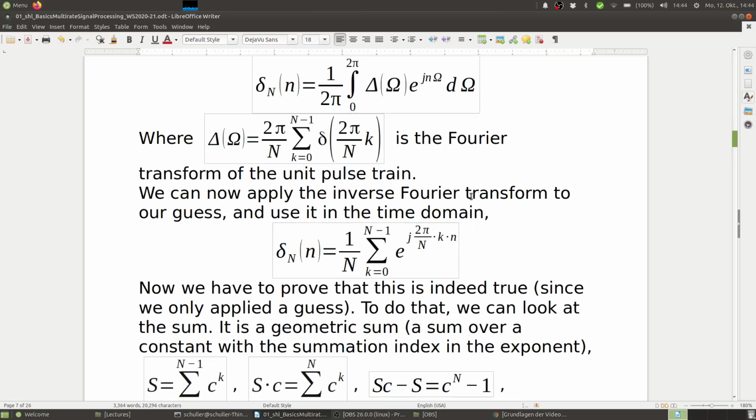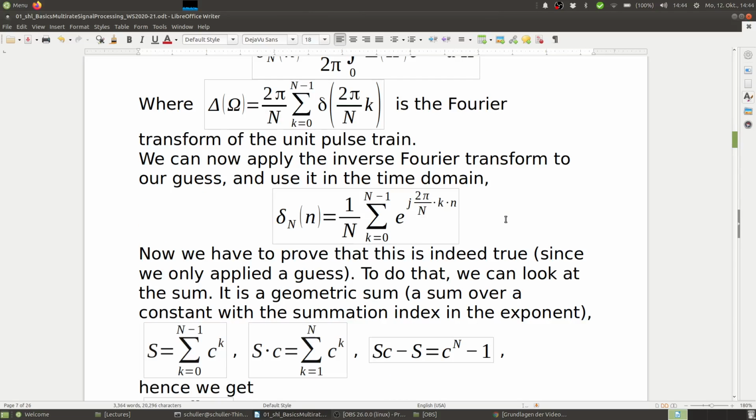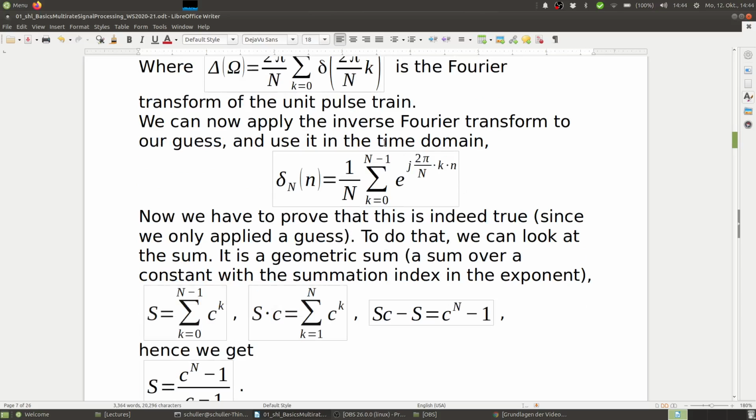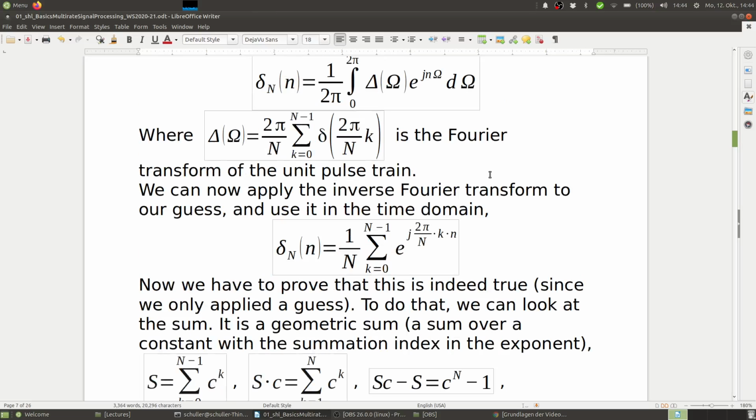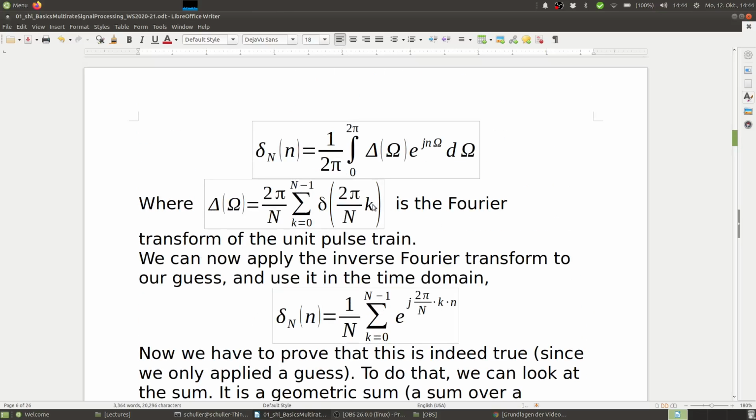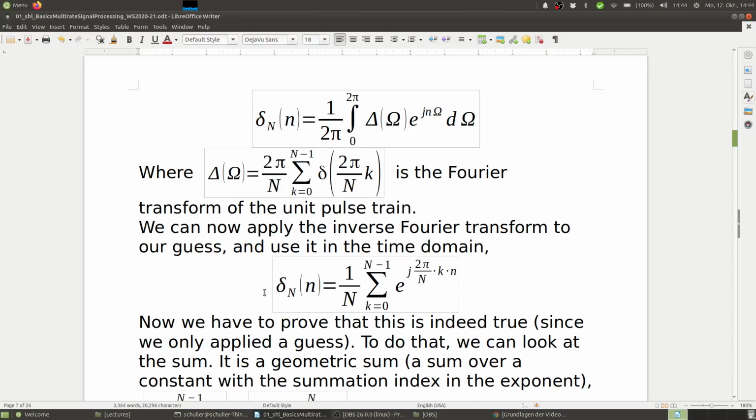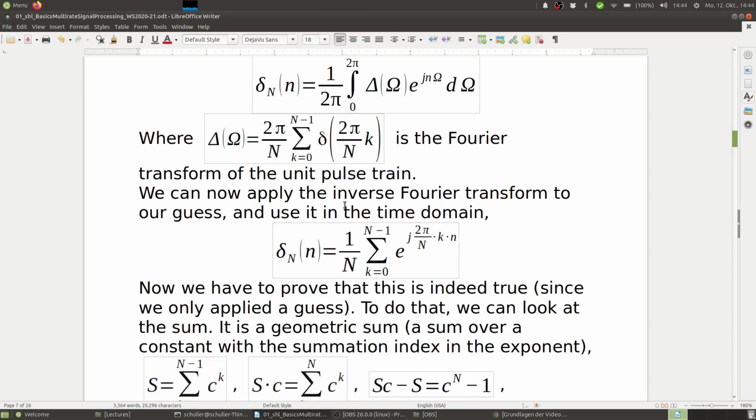So now we can apply this inverse Fourier transform to our guess and use it in the time domain. So here we just plug this in, and all we get is then the non-zero points of this delta, right?